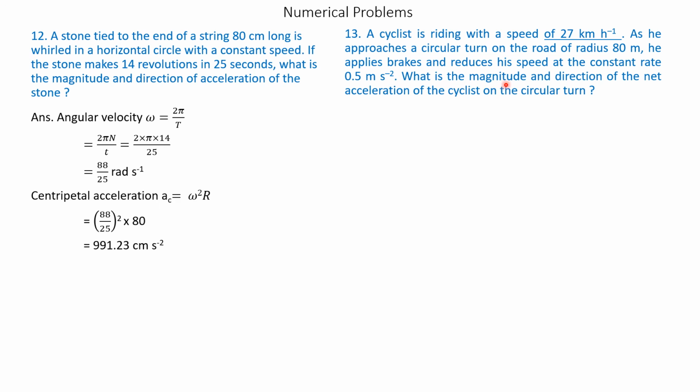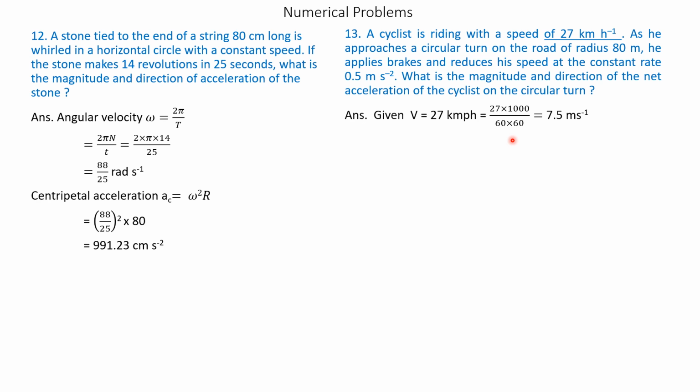What is the magnitude and direction of the net acceleration of the cyclist on the circular turn? Please observe here, read the question once again. The speed is 27 kilometers per hour.